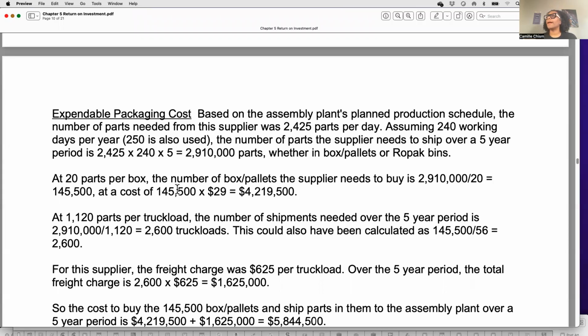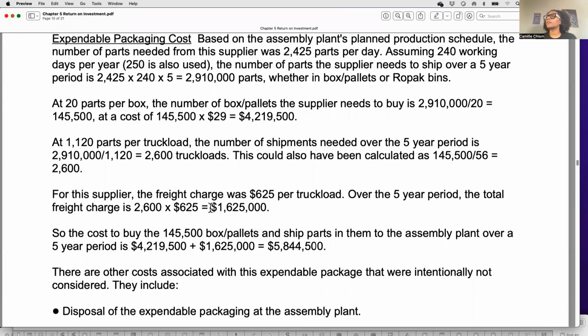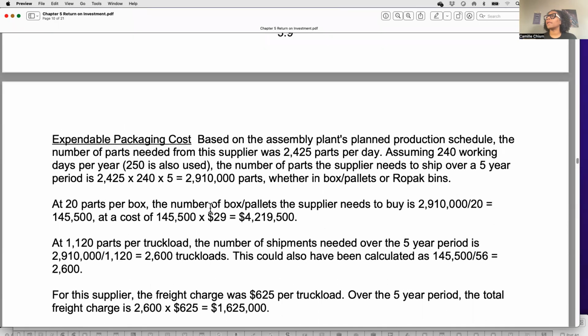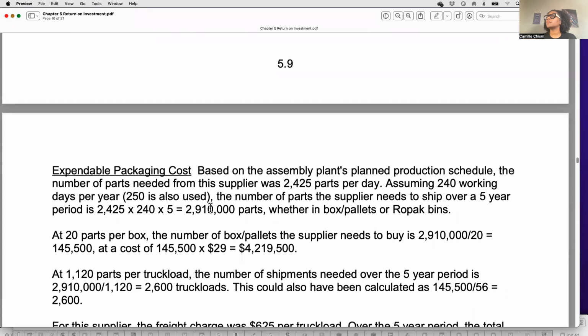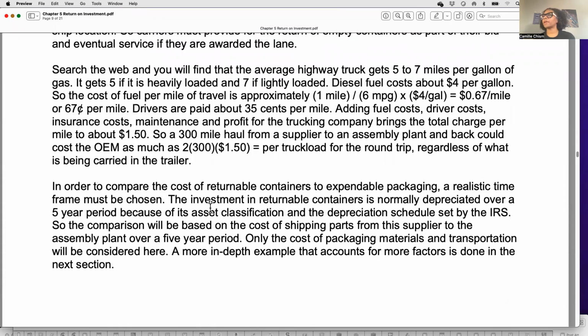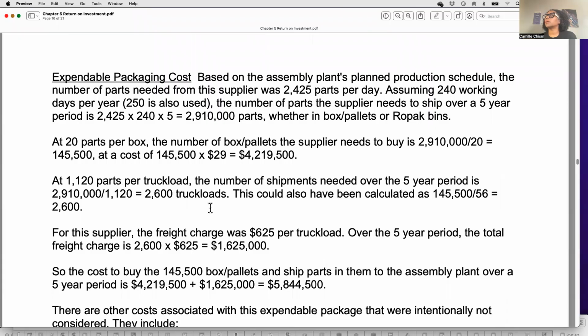Okay, so this is telling me that over the 5-year period, to buy the expendable packaging, you are paying $4,219,500. So that's a pretty big difference right there.